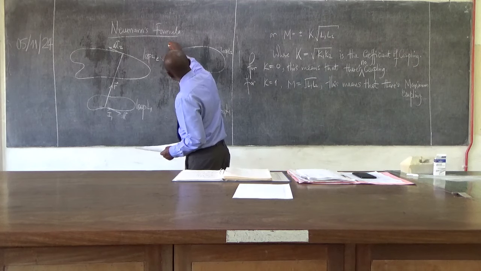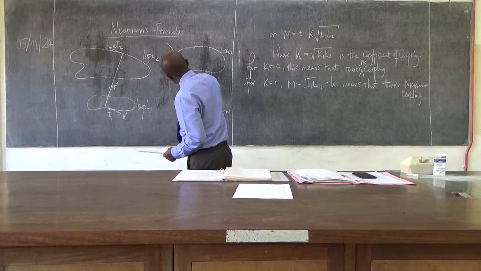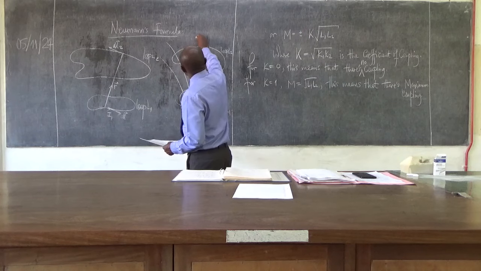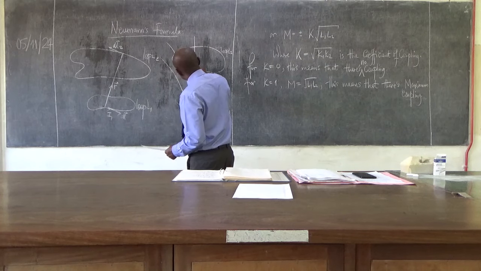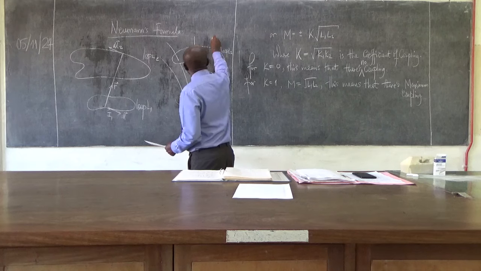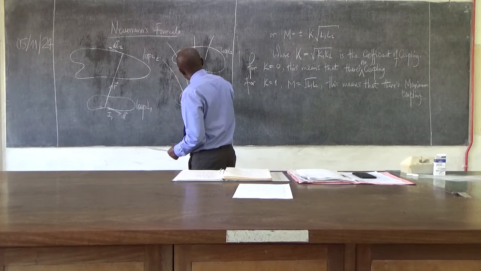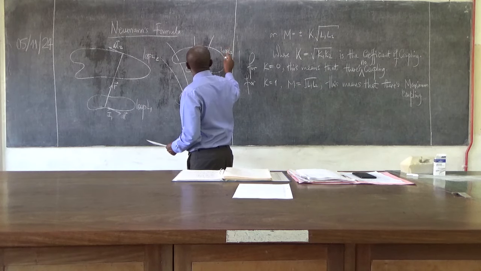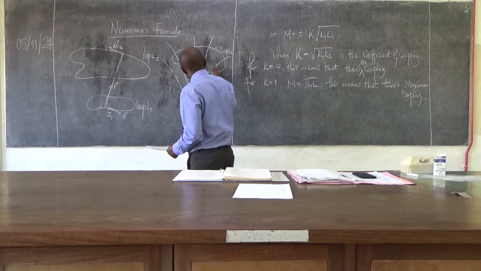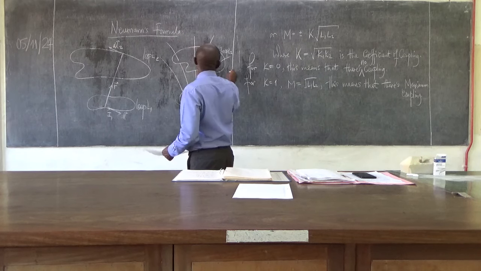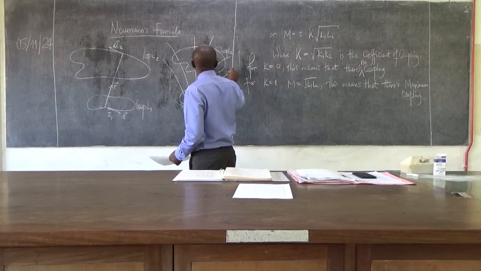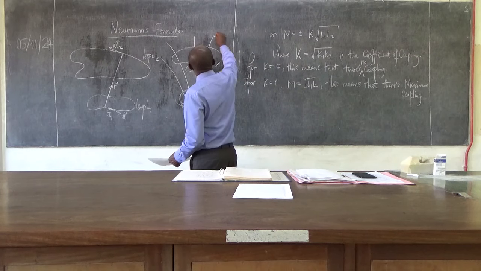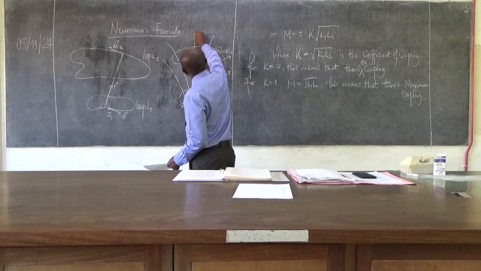So this is the field that is being produced by this coil down here. So we have the field threading the other coil, and I just want to put another one here, then I can put the other one around here. So this is our B produced by the changing current.